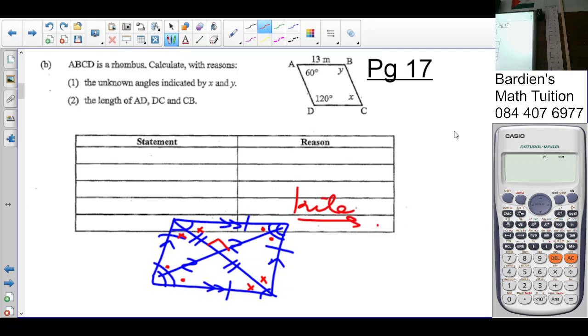There are three shapes where the diagonals are perpendicular: a rhombus, a square, and a kite. Right, those are the properties of a rhombus.